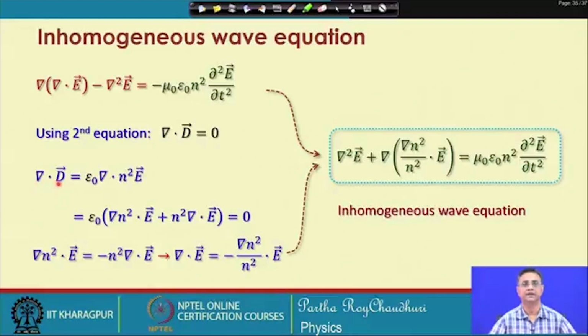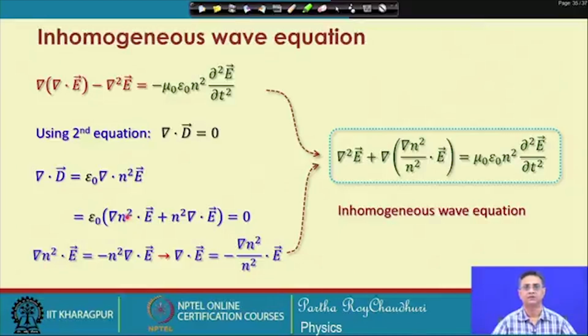So, you can write that del dot D equal to epsilon del dot n square E. n depends on x, y, and therefore, epsilon times del n square dot E, simply using this identity you can write in this form. But this del dot D is equal to 0, so you can write this expression as equal to 0.